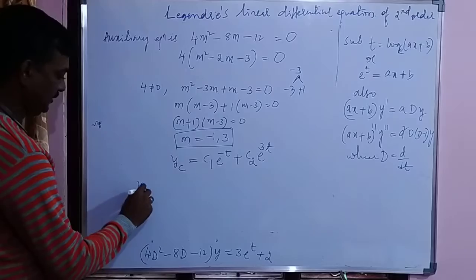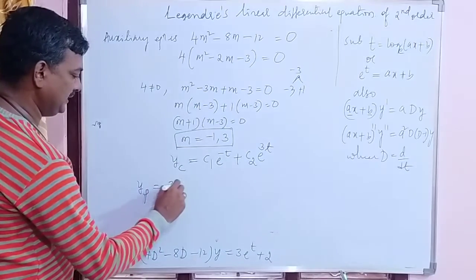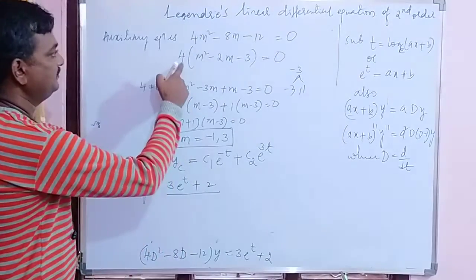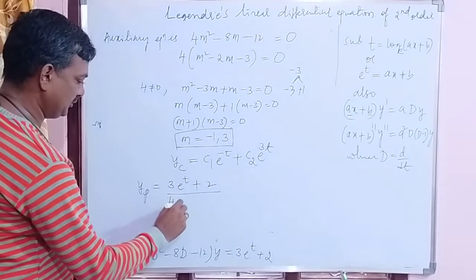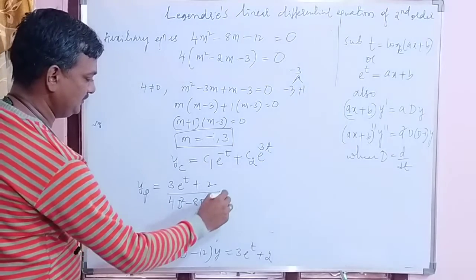Now let us go for the particular solution. What is yp? Yp is equal to 3 e raised to t plus 2 divided by, on cross multiplication, 4d square minus 8d minus 12.